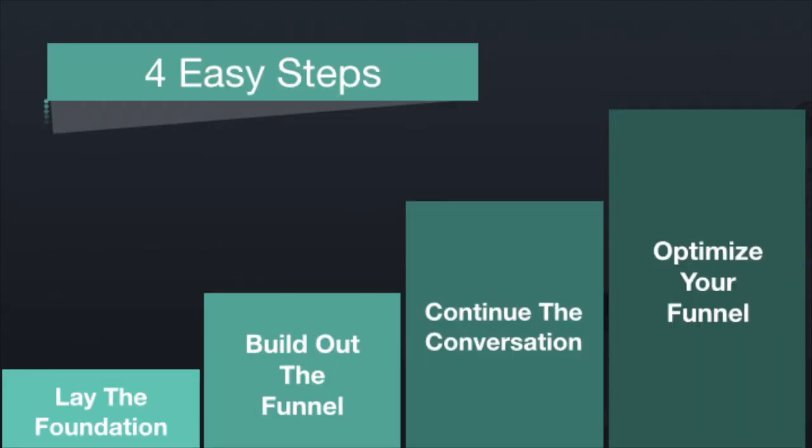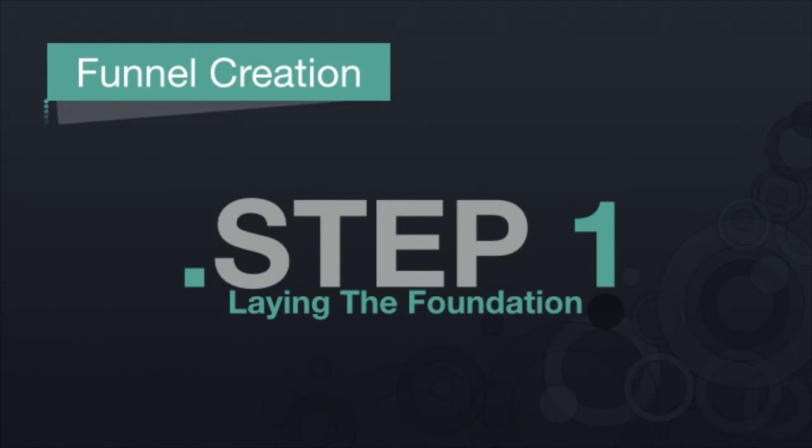Now, the 4 easy steps that we're going to cover today are very simple. Number 1, we're going to lay the foundation. Then we're going to build out the funnel. Then we're going to continue the conversation. Then we're going to optimize the funnel. It's that simple. So let's get into it. So in step 1, we're laying the foundation.